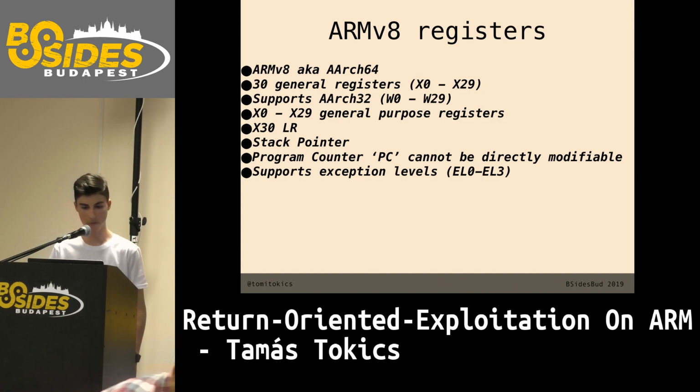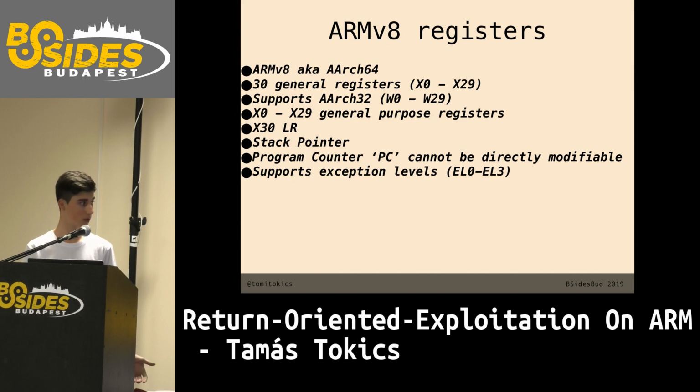X30 is the link register, and the stack pointer is its own register, sometimes referred to as X31. The program counter here is not directly modifiable. That means, for example, that if you're writing ARM assembly on ARMv7, you can just use R15 as the program counter, but not on ARMv8.